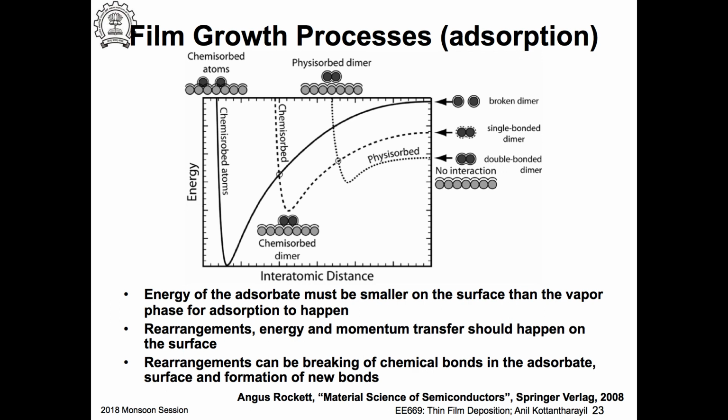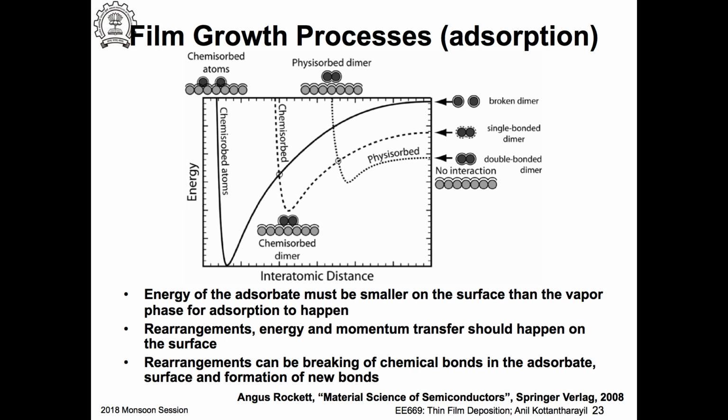But once they start interacting, the total energy of the particles coming and the surface can decrease. Okay? When they come too close, of course, the repulsion between the particles, because of electron repulsion, can take over.